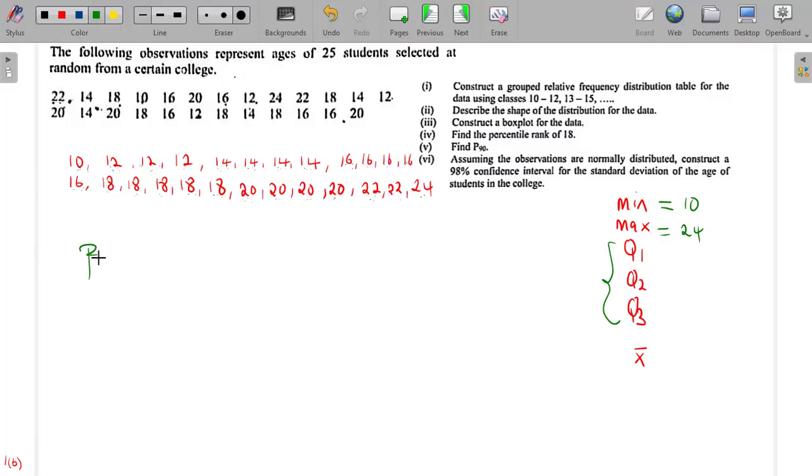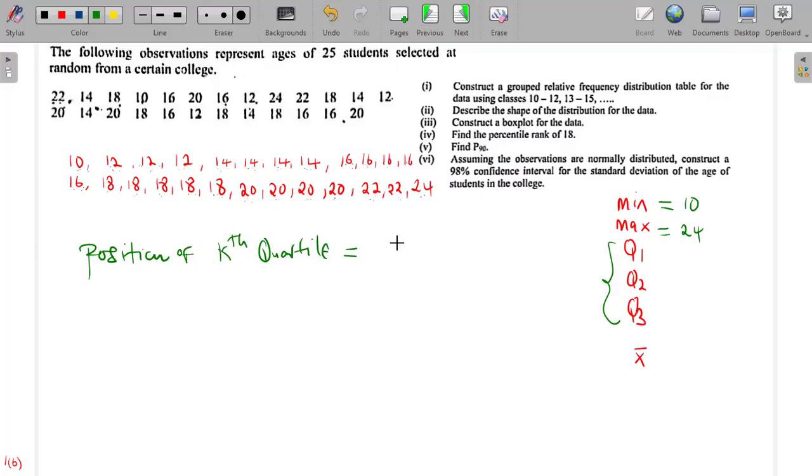So the position of the kth quartile is equal to k multiplied by, how should I write it in general?